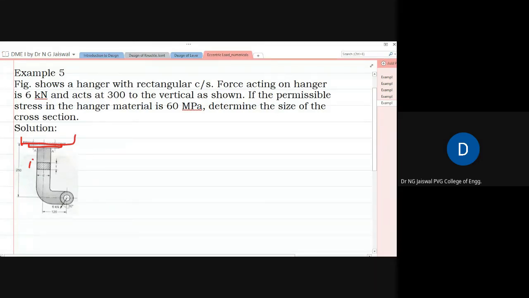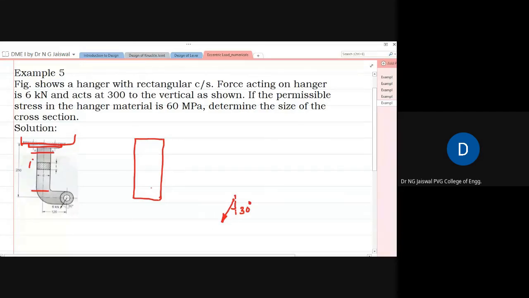If I again extract only this much part, with respect to this, the force is somewhere here, say, and that force is an inclined force, making 30 degrees with the vertical line.